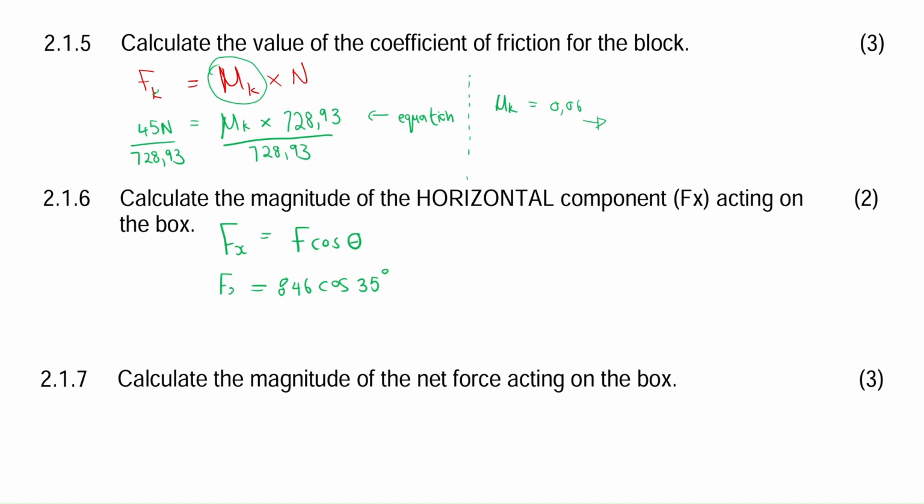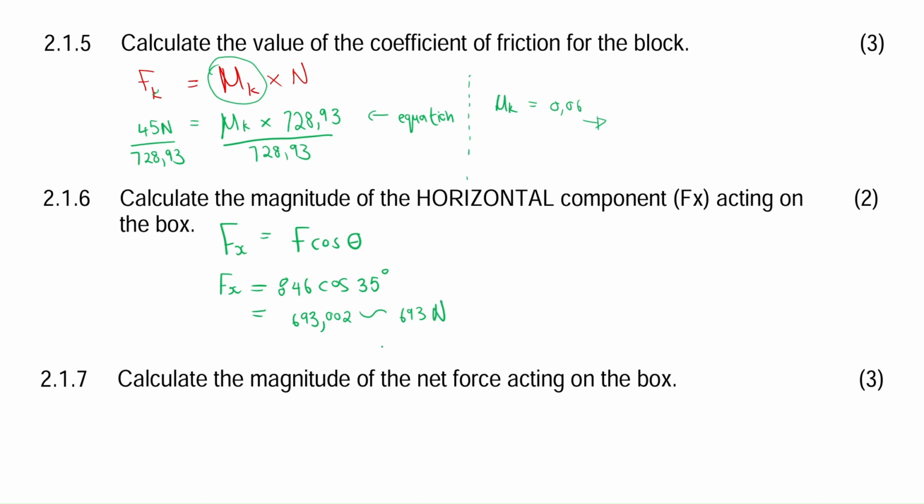So f of x is equal to 846 cos 35, and you type that into your calculator and you get your answer. And that's going to be 693.002. And we can round that to 693 newtons.